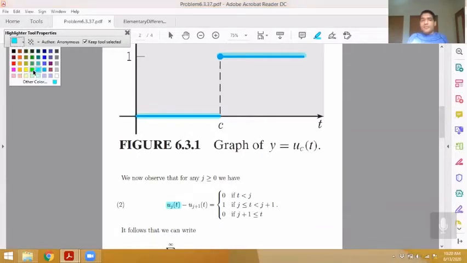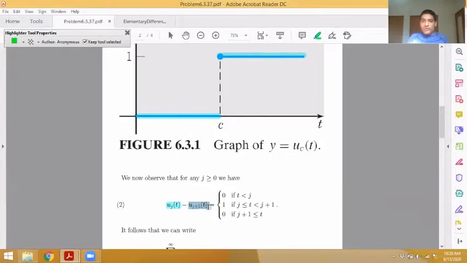And then our u_{j+1} is going to be the following. I'll just write c plus 1 since we already have c in this picture.